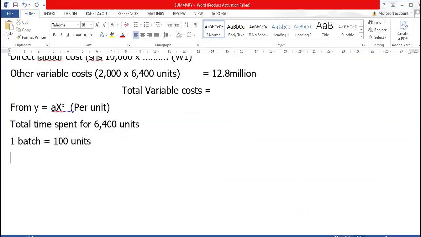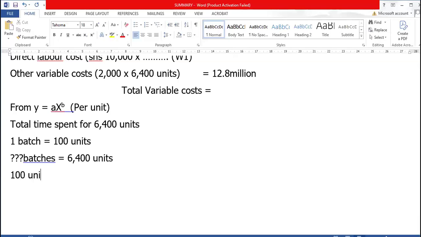Now I want to convert the 6,000, I need the number of batches in 6,400 units.